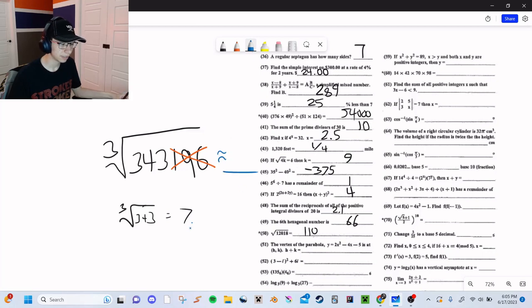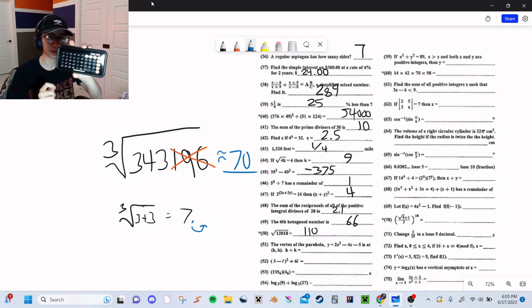And then I've got to shift the decimal place once to the right, because I cancel out one group of 3 digits. This is about 70. And I look at my calculator. Alright, I get the cube root. Very close.